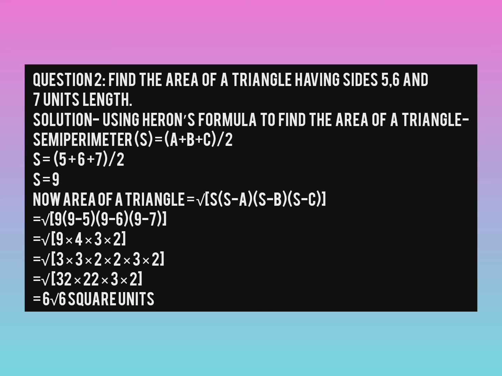Now, area of a triangle equals the square root of S times (S minus a)(S minus b)(S minus c), equals the square root of 9 times (9 minus 5)(9 minus 6)(9 minus 7), equals the square root of 9 times 4 times 3 times 2, equals 3 times 3 times 2 times 2 times 3 times 2, equals 6 square root of 6 square units.